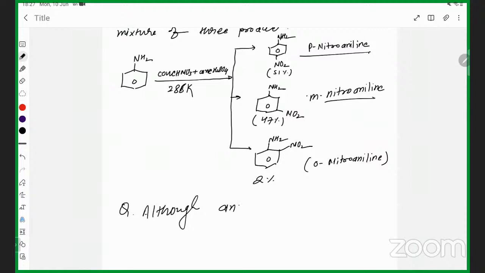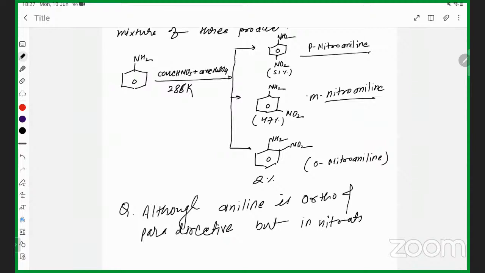Although aniline is ortho and para directive, but in nitration it gives 47% meta isomer.